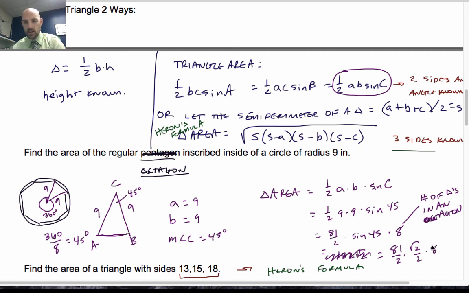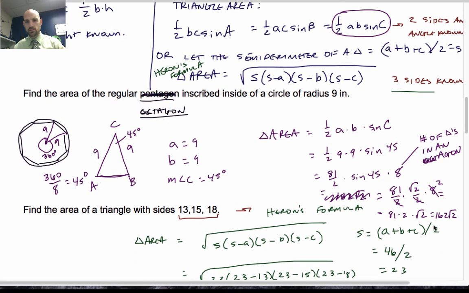And this would actually reduce by these, right? So this would actually be 2. Because when it reduces by a factor of 2, it would be 4, and then another factor of 2. And so this is 81 times 2 times root 2 equals 162 root 2. And that's going to be in inches squared.